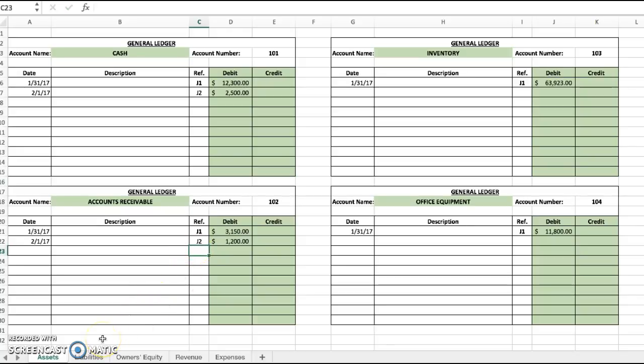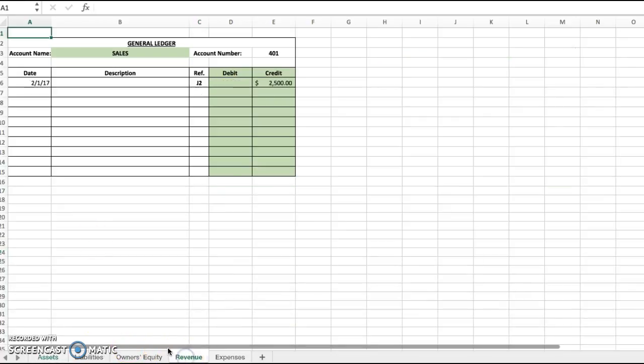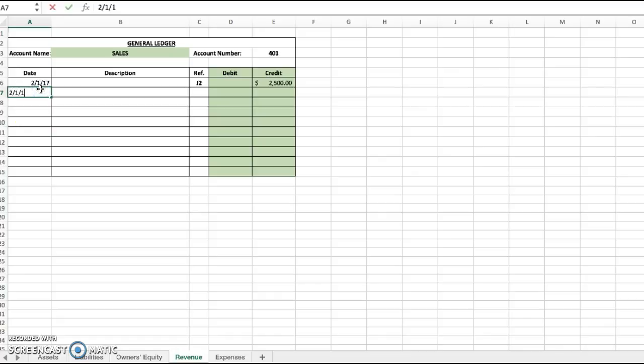Okay. The other part of that transaction is again sales. Let's go back to sales, and again same date, 2/1/17. We would put that in. These are separate entries, so we put them in individually. Again, a credit. So the sales went up again.